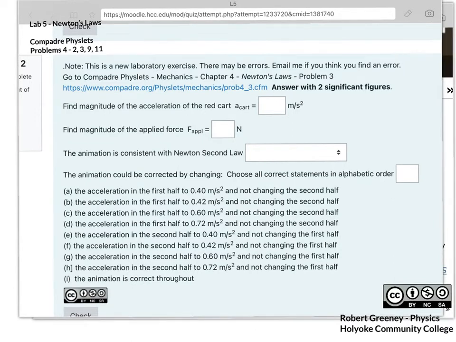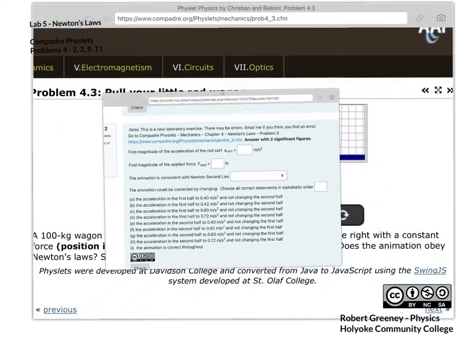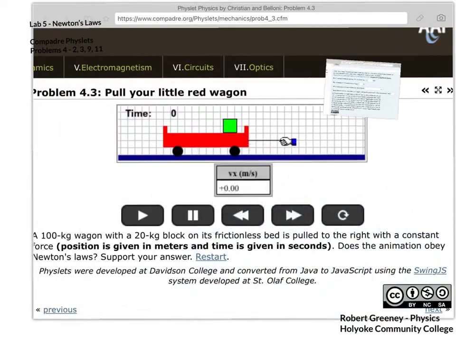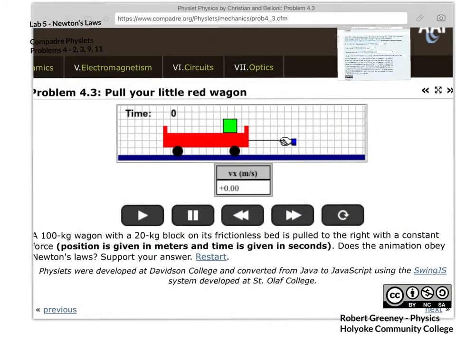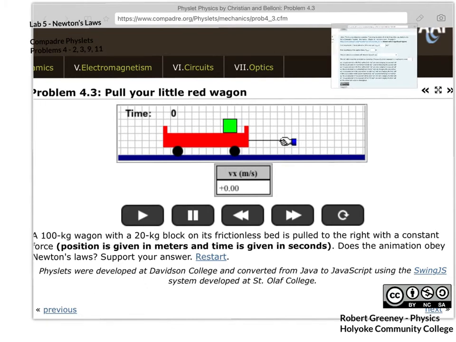So we want to go to the simulation and find the acceleration of the cart, the applied force. We want to see if it's consistent with Newton's second law, and then we want to pick out amongst all those statements which ones are true and correct. So let's go to the simulation and begin to do that.